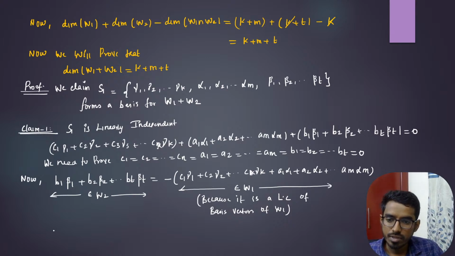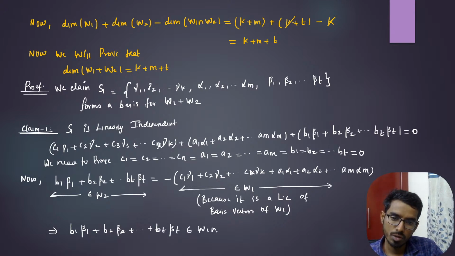And can I say this, b1 beta 1, b2 beta 2 and so on up to bt beta t, belongs to W1 intersection W2, because you can see this vector is in W2 and that is equal to the W1 part. That means already this vector belongs to W2 and already this vector belongs to W1. That means this also belongs to W1.